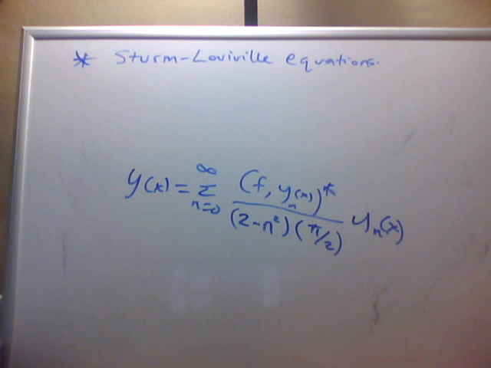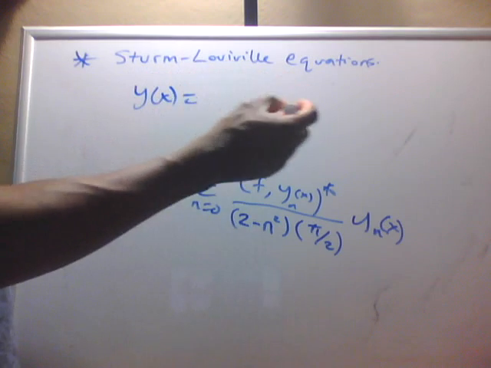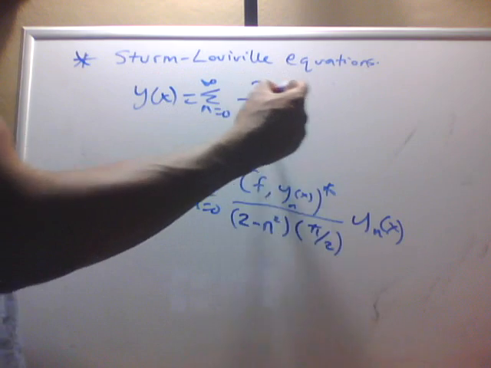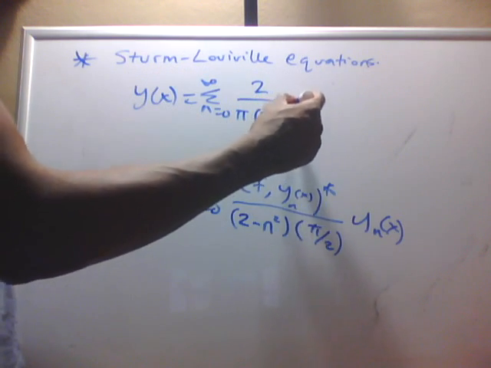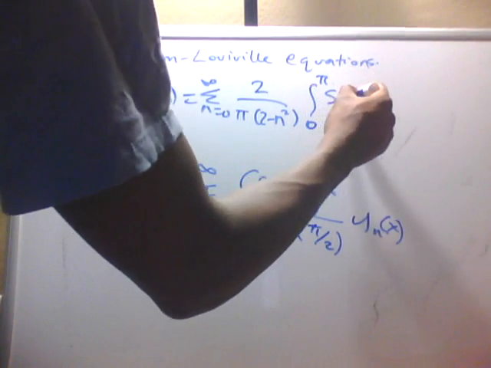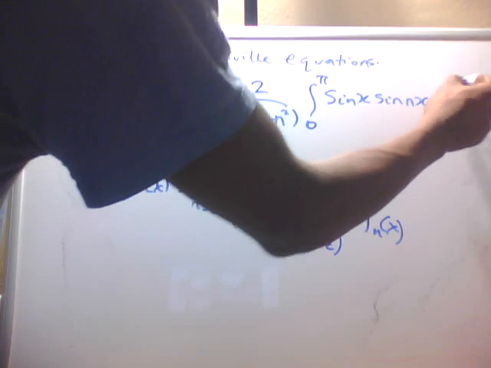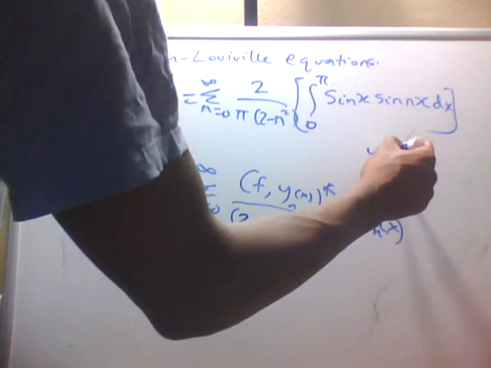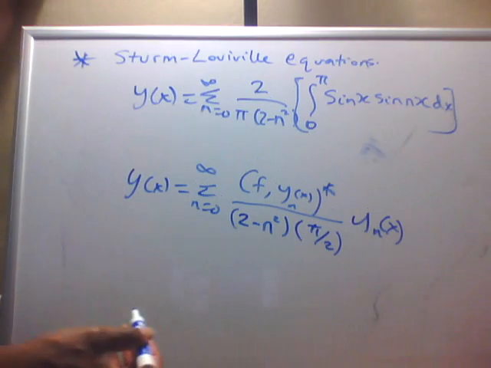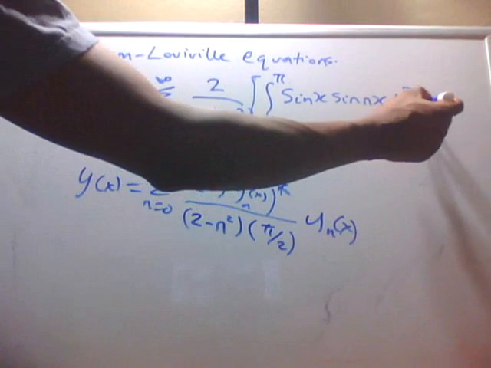We've been so far scared of expanding this. Let's just do that real quick. It's not as scary as it looks. y of x is the sum of n equals 0 to infinity, 2 over π(2 minus n squared), times that integral, the inner product, which is 0 to π of sine x sine nx dx, and we're multiplying that by yn of x.